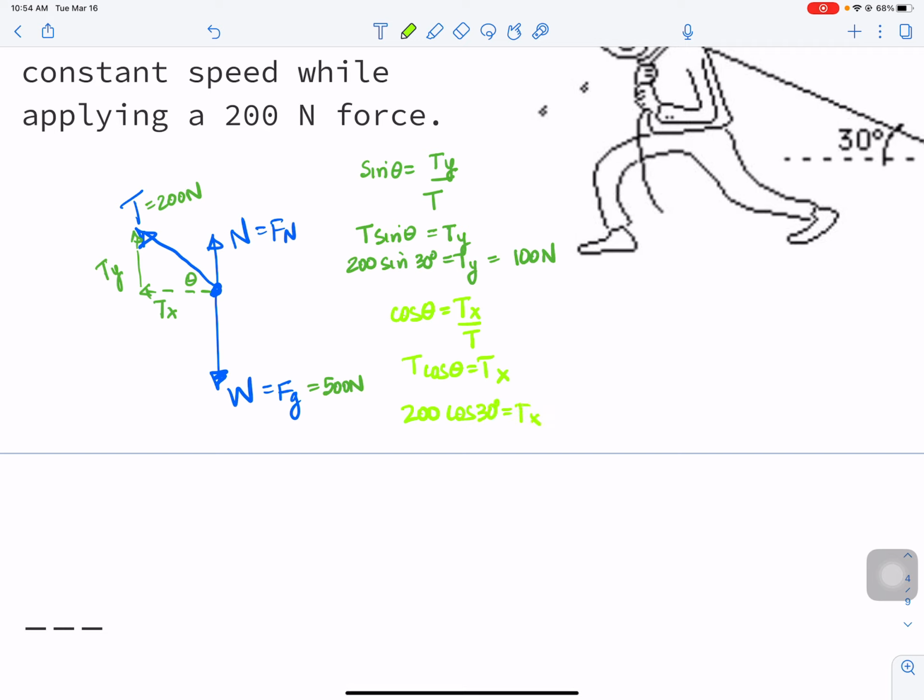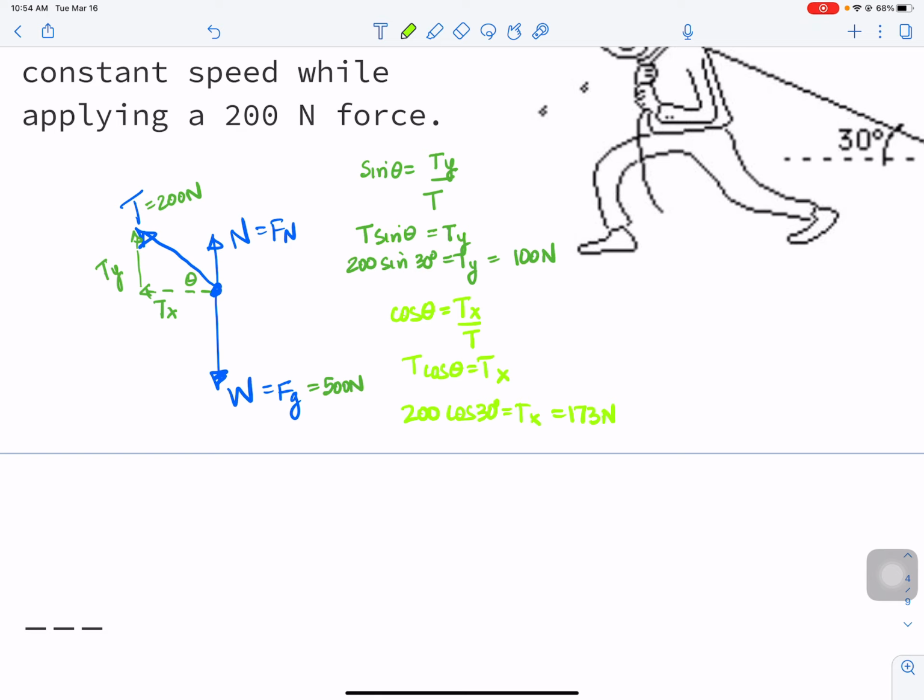If you're not getting these answers, don't forget that you need to be in degrees. So we've got 200 times the cosine of 30, and that is equal to 173. All right, so we've solved what we can do.